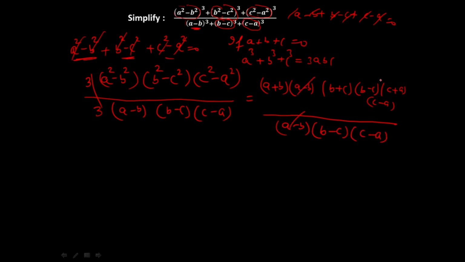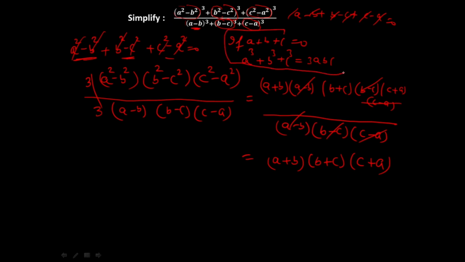A minus b got cancelled, b minus c got cancelled, c minus a got cancelled. So the final answer is here. What was the question? Simplify this whole thing. I used the identity to get my final answer.